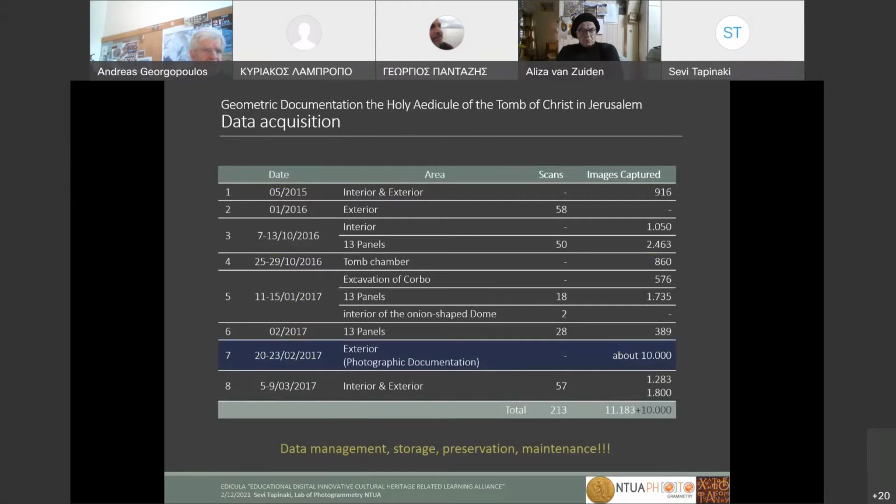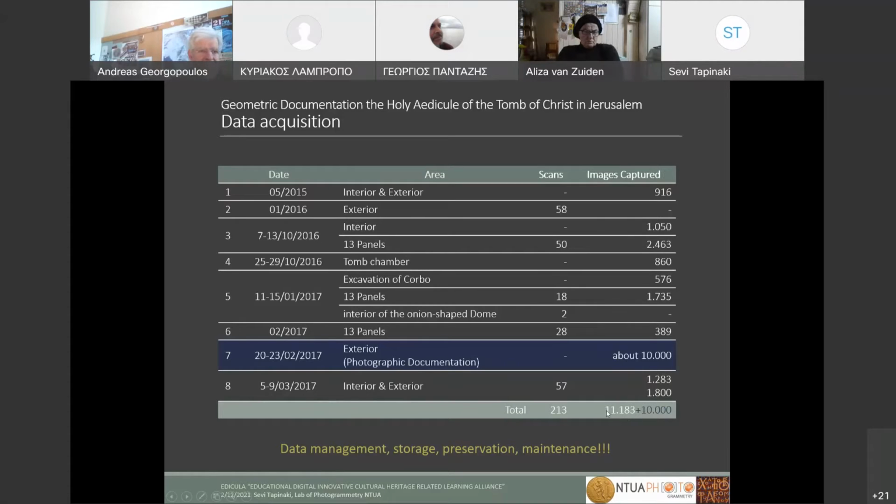You can see here that we acquired data 7 times. In February 2017, photographic documentation took place, as I mentioned before.